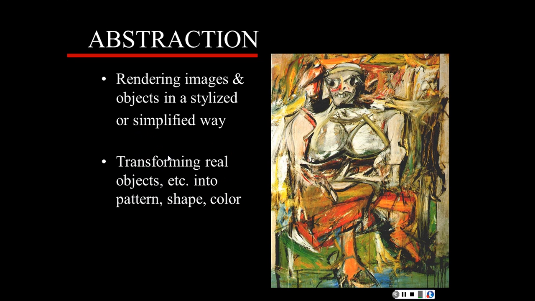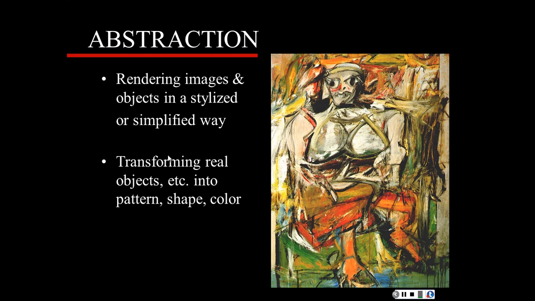Abstraction is rendering images and objects in a more simplified or stylized way. So the artist often is looking to something from the natural world, but is starting to respond to that visually, emotionally, and simplifying it down into something not as recognizable as to what that inspiration was.